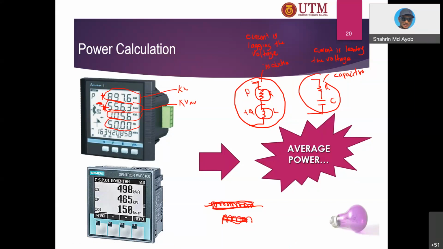Inductive load. Yes. For the water heater, it depends. Sometimes it is also called an inductive load because we have the water pump. So that one is a combination of R and L. R is for the heating, right?